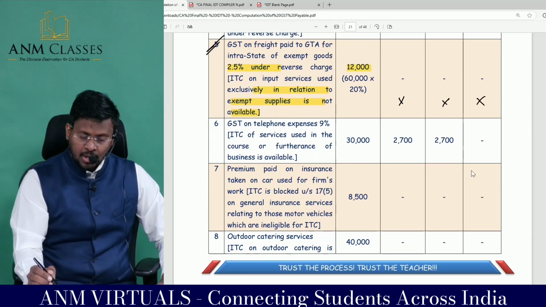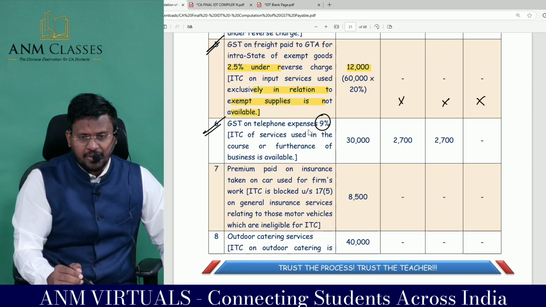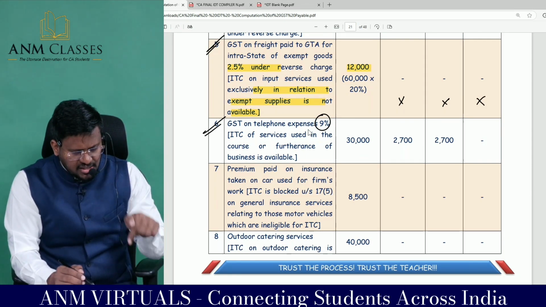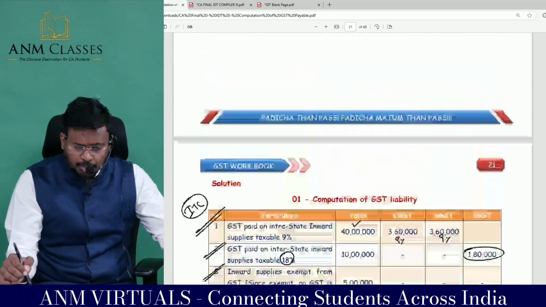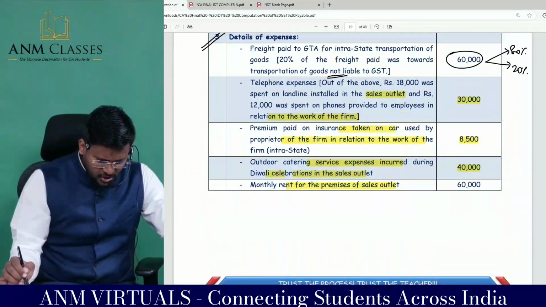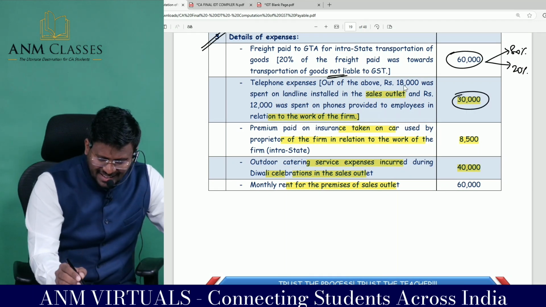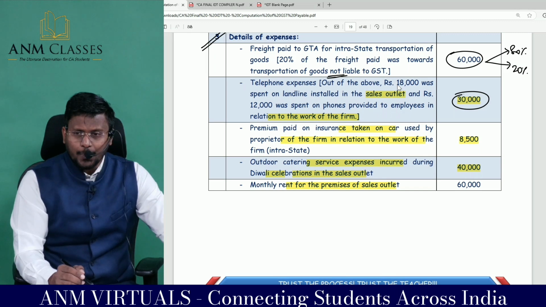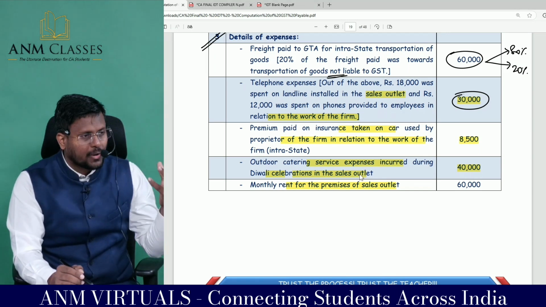Comfortable, sir? Coming to GST on telephone expenses at the rate of 9%, because telephone expenses are not RCM, telephone expenses are FCM, so 2.5% will not be applicable. You read the telephone expenses total 30,000. Out of that, 18,000 was spent on landline installed in the sales outlet, and 12,000 was spent on phone provided to employee in relation to the work of the firm.